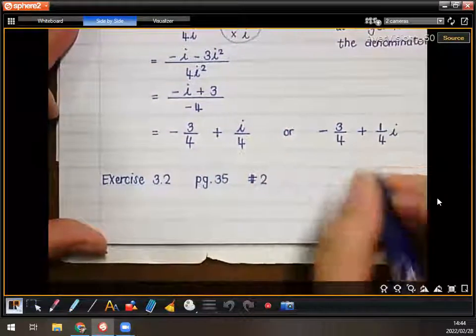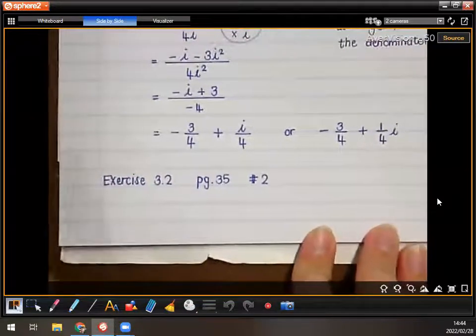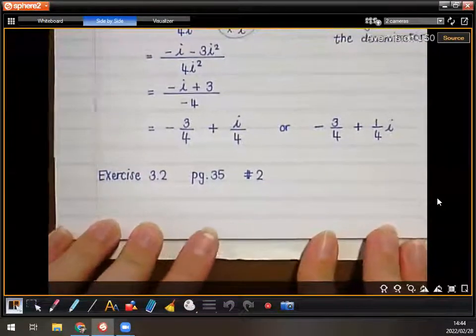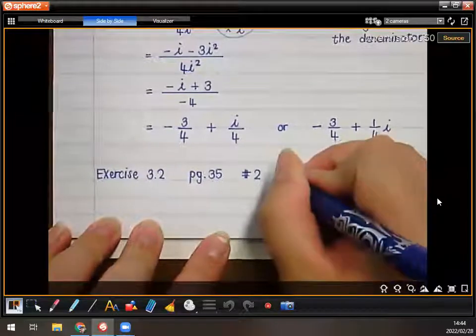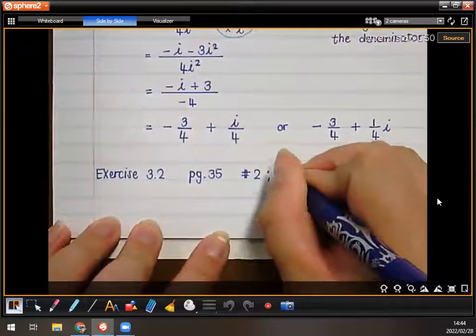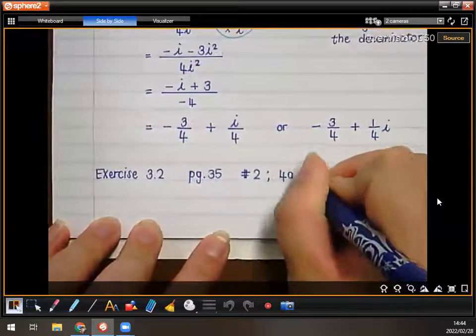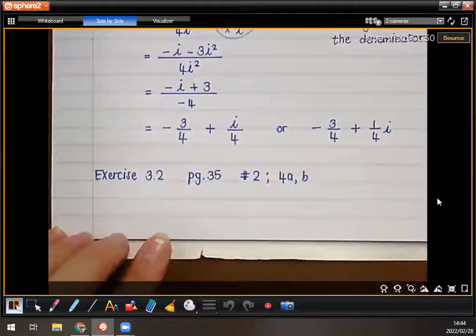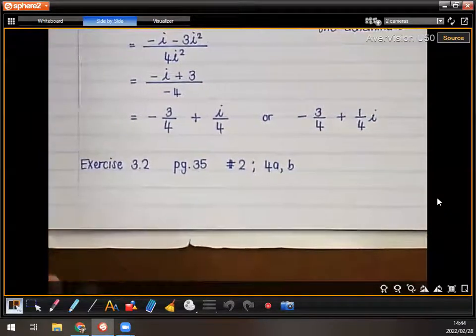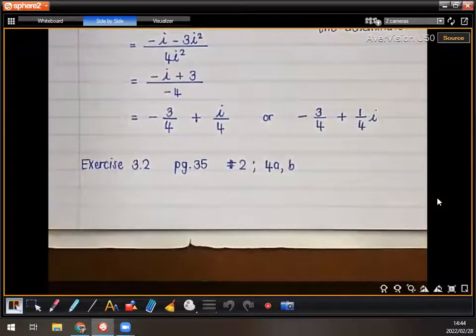Okay, number 2, which is just adding, subtracting, multiplying, dividing, the stuff that we practiced now. But then I want you also to do 4A and B, which is a bit of problem solving work. I'm not always going to tell you exactly how to do a question before you get it.